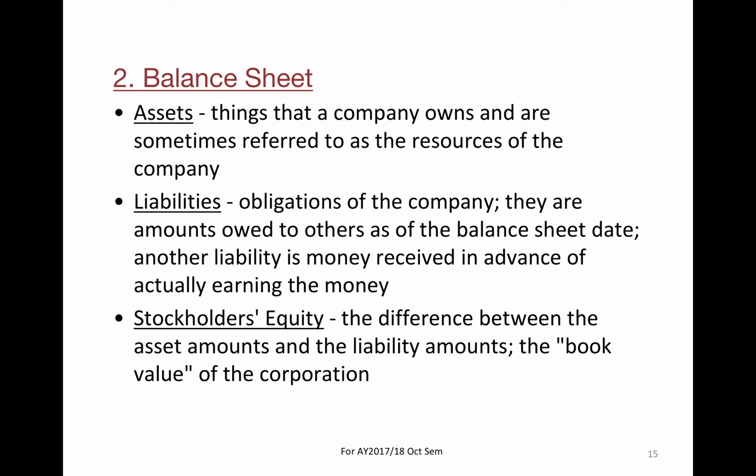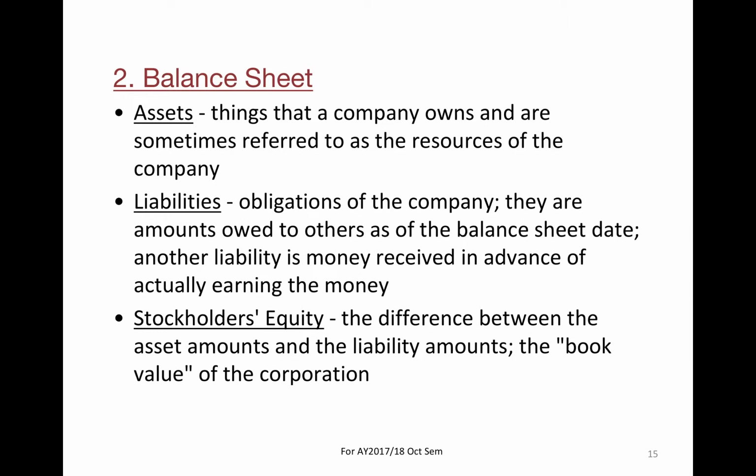Assets are things that a company owns, like fixtures and fittings, a piece of furniture as I mentioned, a chair, a table, a fridge, a water dispenser, or a coffee maker. All those are assets.